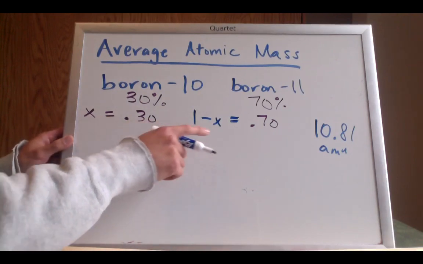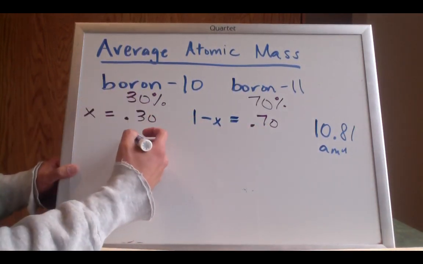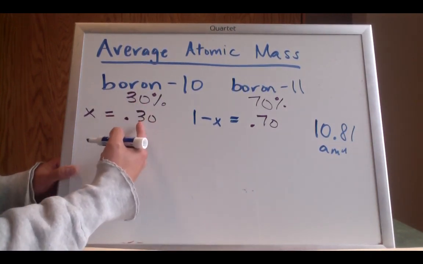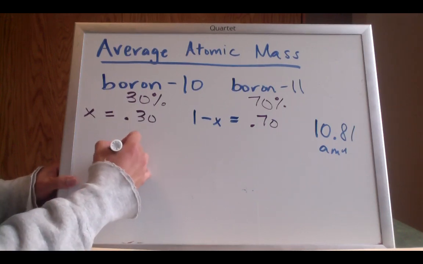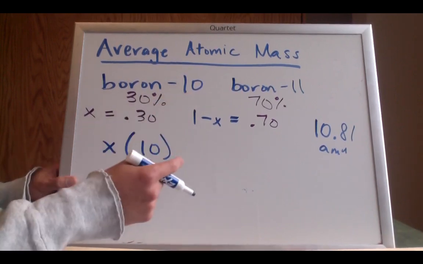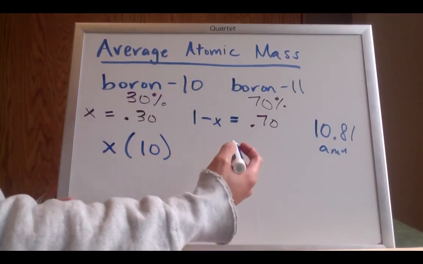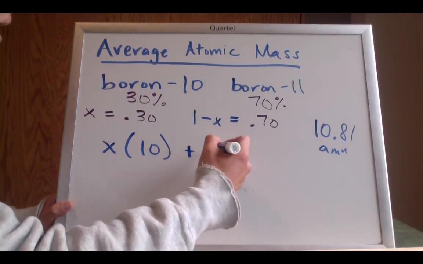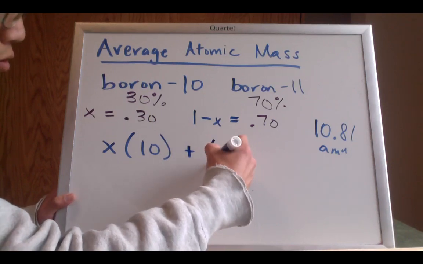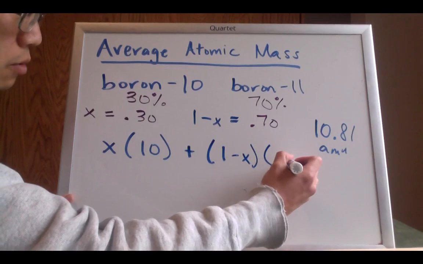Like we did in the problem beforehand with our test scores, 30% of the time, or x% of the time, we'd have boron-10. So we're going to take x times the mass, which was 10. We're not given specific masses, so we'll just use these numbers, but if you're given specific masses, then please use those. Now we take the percent for boron-11, which is 1 minus x as a decimal, and multiply that times 11.